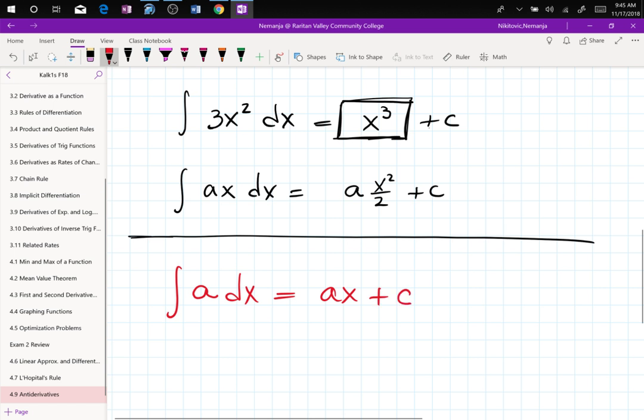So what's the integral of 7? Would that be like the reverse of the 7th derivative? No, it's just the integral of 7. Oh, the integral of 7 dx.